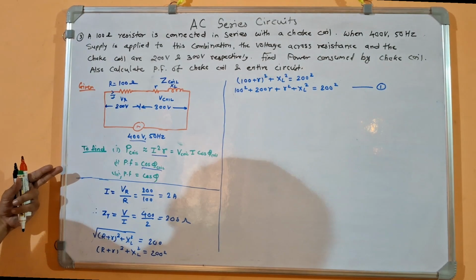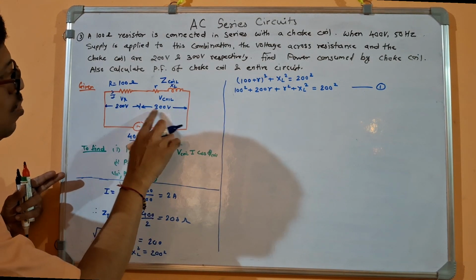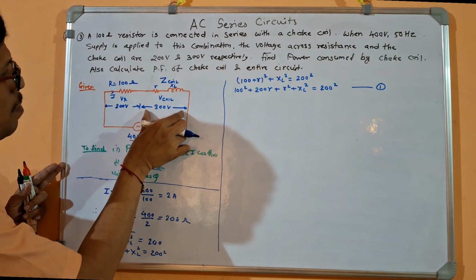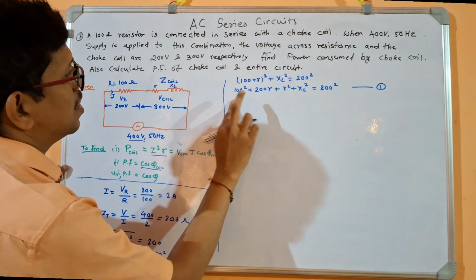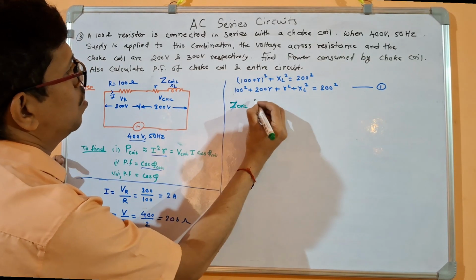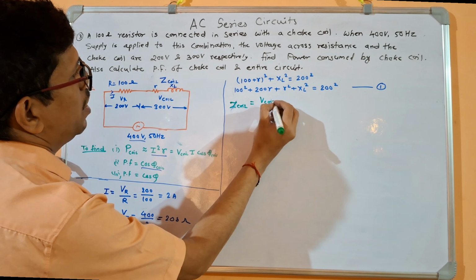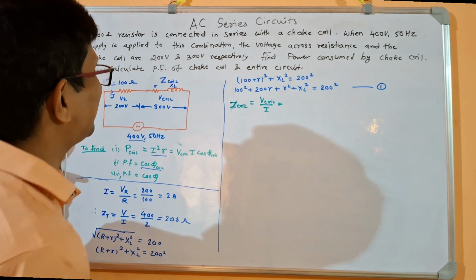Now similarly for the coil we can do the calculation, because we know the 300 volt drop across the coil and we know the current, so we can find Z coil. So Z coil is equal to voltage across coil divided by current, as the current remains the same since it is a series circuit.